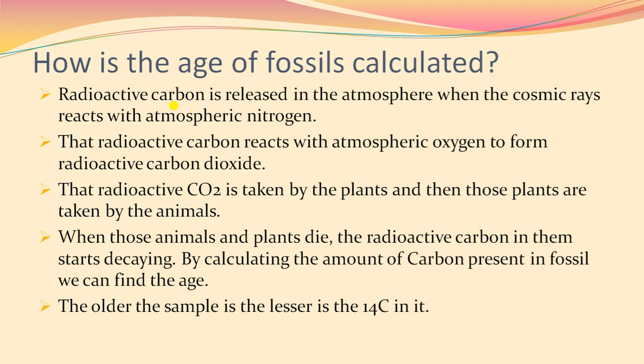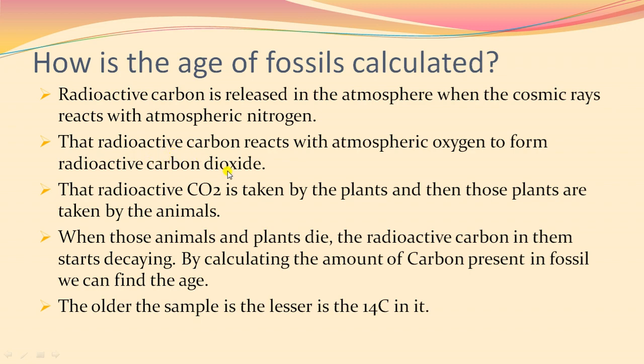Once this radioactive carbon is released, it reacts with oxygen. We know that oxygen is also present in the atmosphere. So the radioactive carbon reacts with the atmospheric oxygen to form radioactive carbon dioxide.